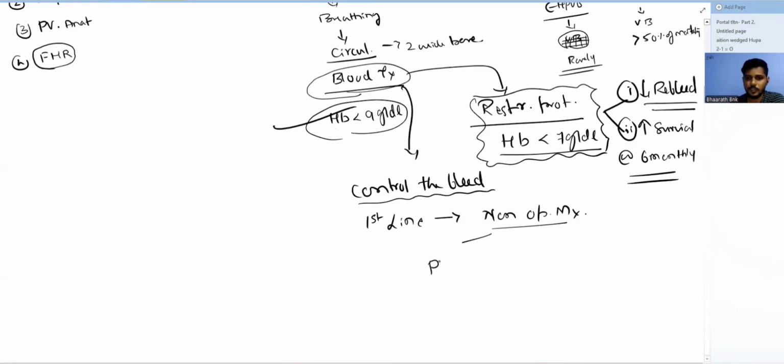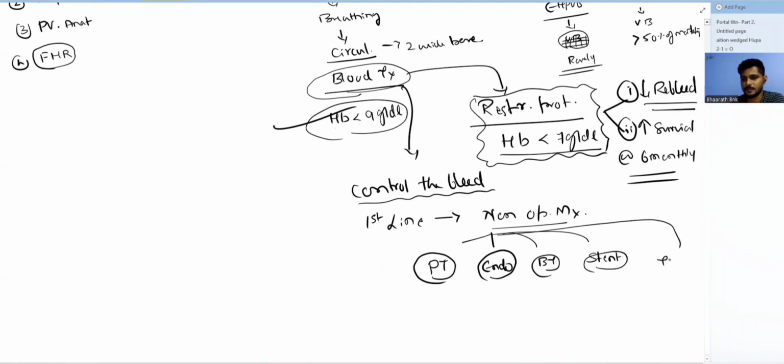So in non-operative management, there is pharmacotherapy, endoscopic therapy, then balloon tamponade, then stent, and then TIPS.